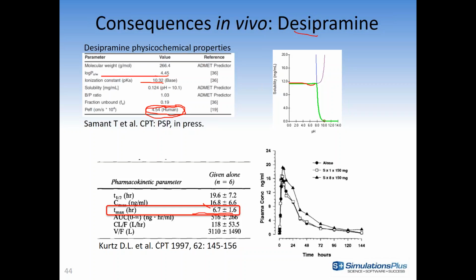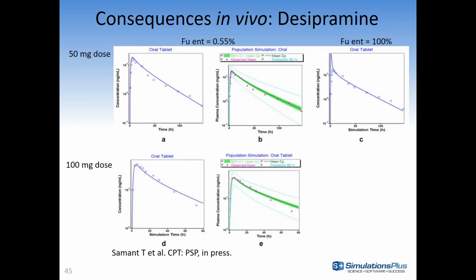And the lysosomal trapping would nicely explain this apparent discrepancy between the high permeability of the compound and yet slow appearance in the systemic circulation. If we ran the simulation in the enterocytes, assuming no binding, no accumulation in the lysosomes, we would have a fairly high and quick Tmax for the compound.